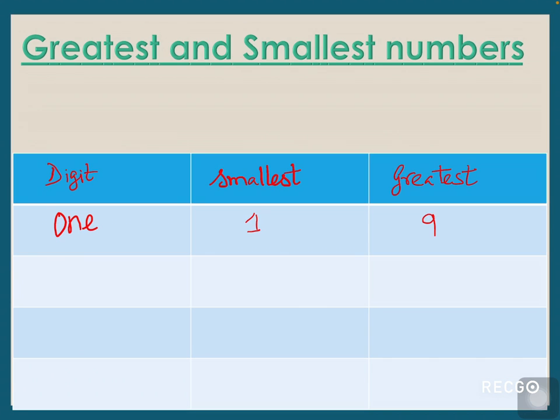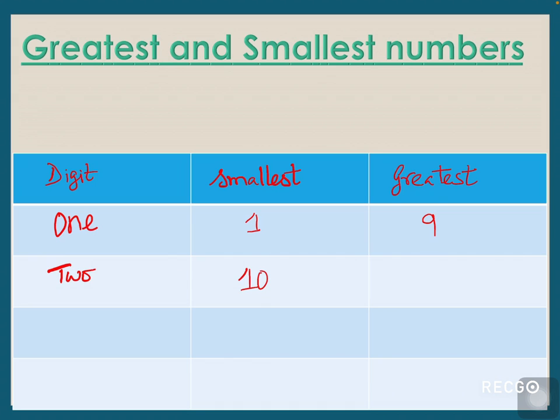So 10 is the 2 digit number, starting of the 2 digit, right? So can I say that 2 digit smallest number is 10? And again, 2 digits stop at 99, because after 99, 100 is the 3 digit number. And it is the starting of 3 digit numbers, that means it is the smallest 3 digit number.